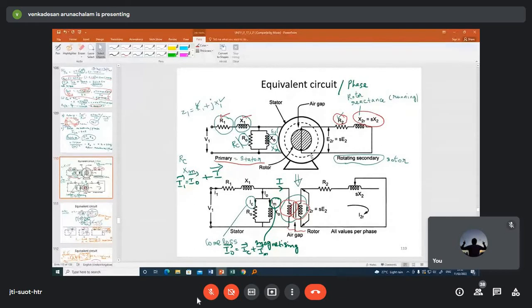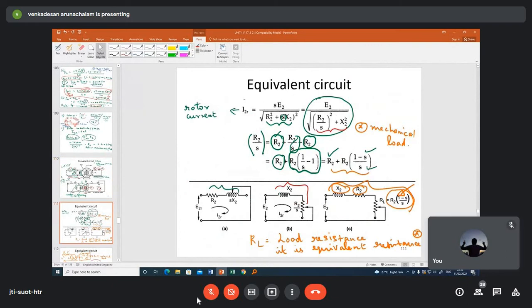This is my rotor current, written as the voltage SE2 divided by the impedance. If you take the slip outside, it gets cancelled and the same equation becomes E2 divided by the square root of (R2 by S) the whole squared plus X2 squared.